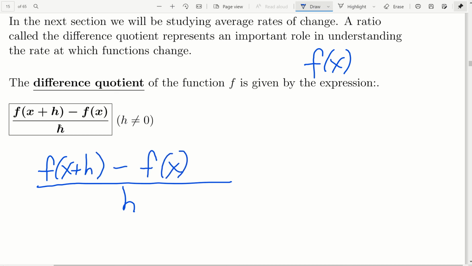The second one is f of x, which will be just the expression they give to us. And then the first one will require us to do an evaluation. That's finding the function f evaluated at the quantity x plus h. And usually this is the part of the difference quotient that requires the most work up front.